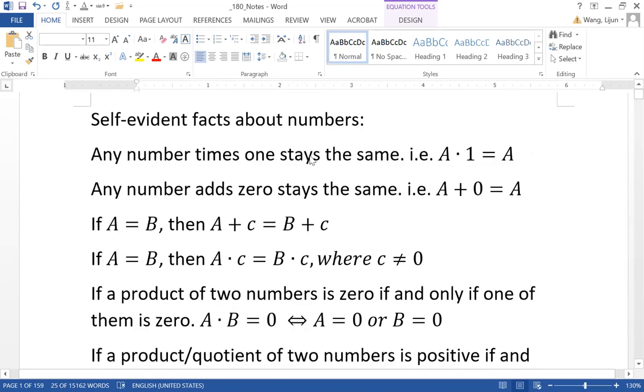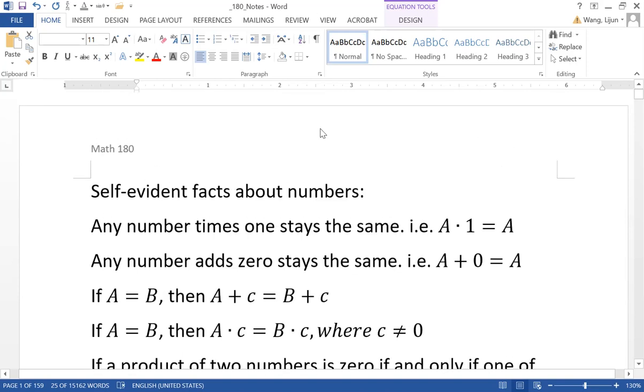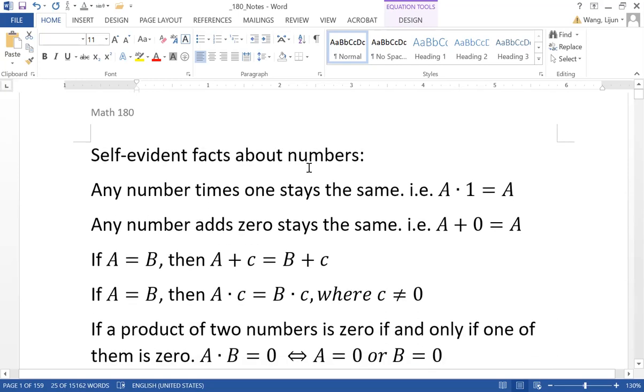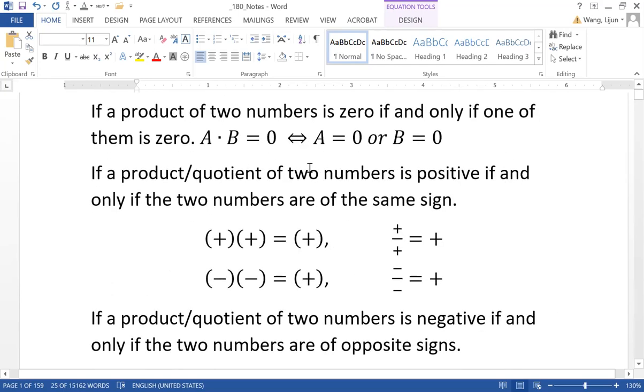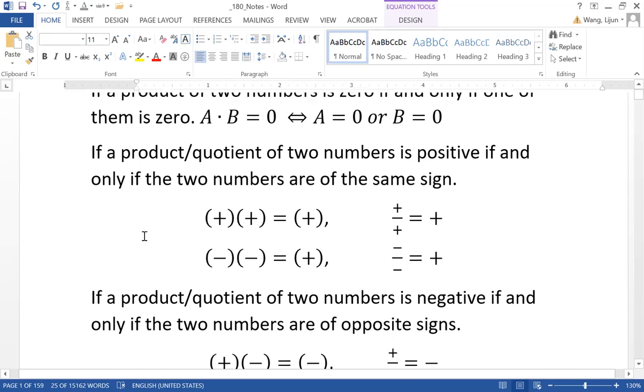These mathematical principles, to me, as a teacher, the first page is the most important thing. Why are they important? Because they lay the foundation. They are the building blocks. This guarantees that you build your house, you build your foundation on the rock.